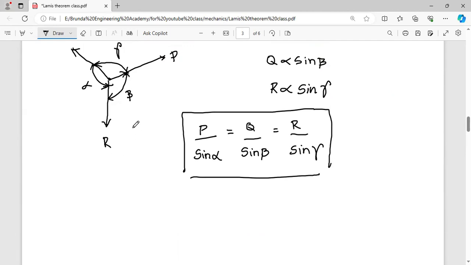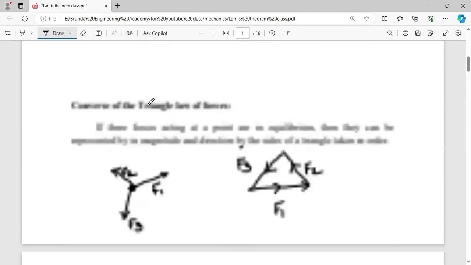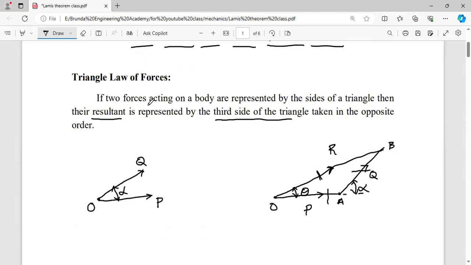Now coming to the first force, let us assume the force P is taken here. Next, Q forms a triangle, and the other side is R. So based on the triangle of forces convention.